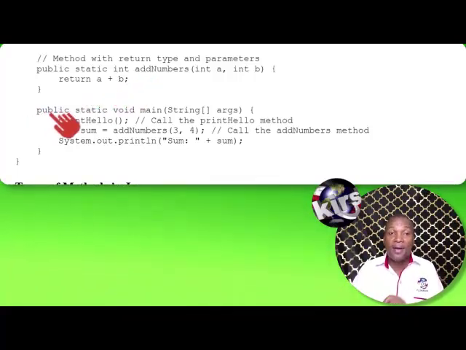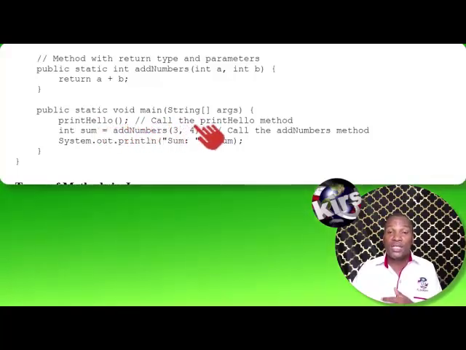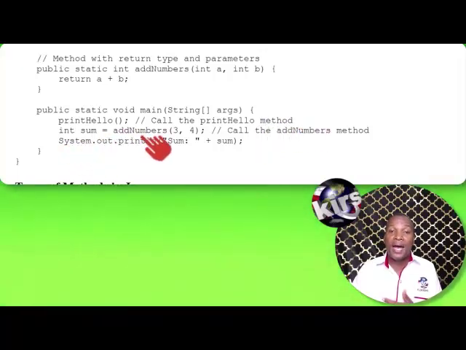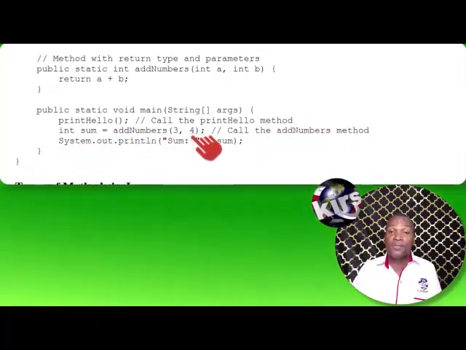Then we have public static void main(String[] args). Then you can see this calls the printHello method. Then int sum = addNumbers(3, 4) calls the addNumbers method.